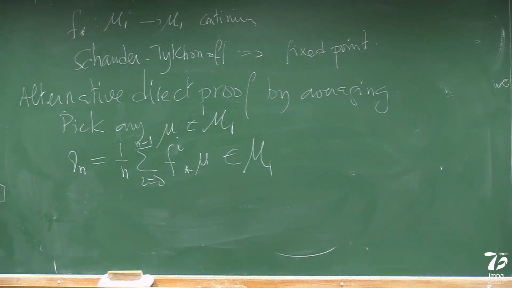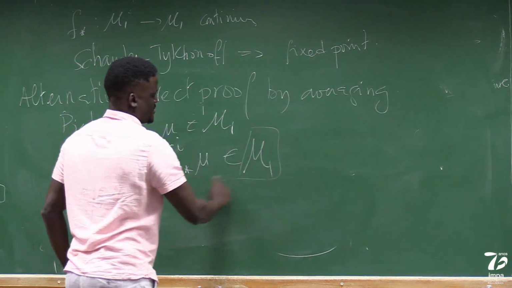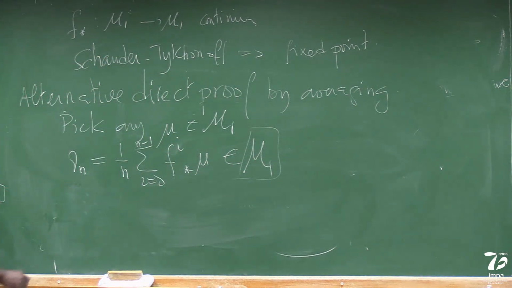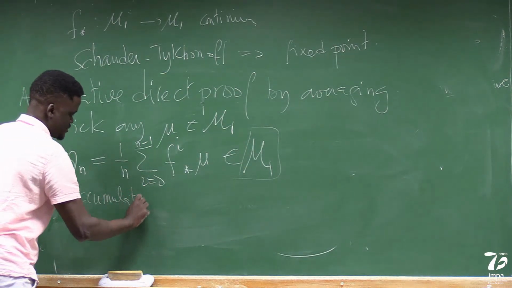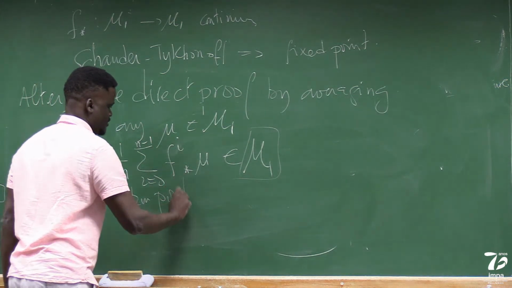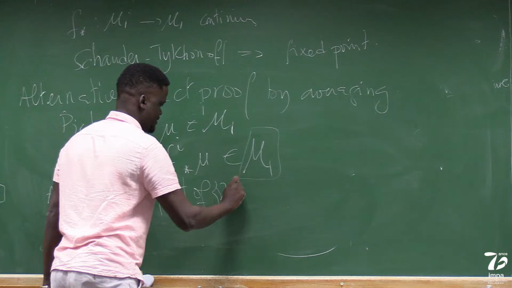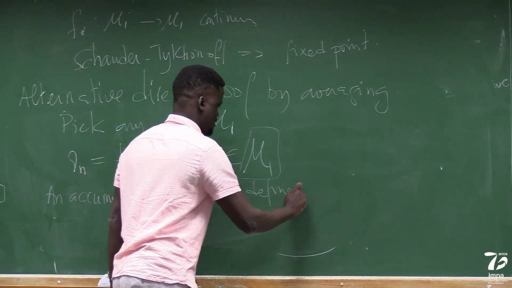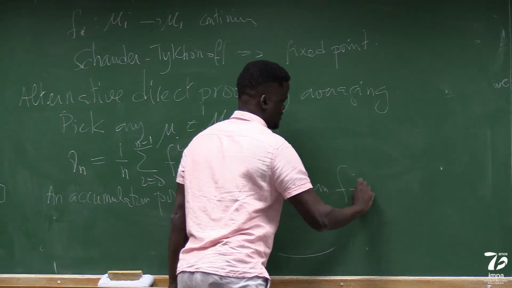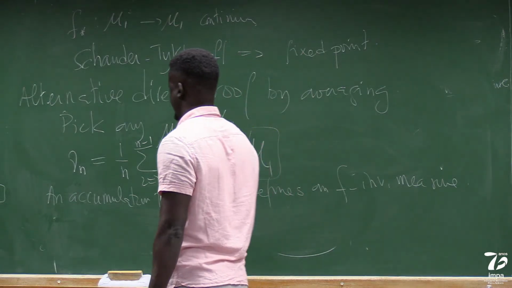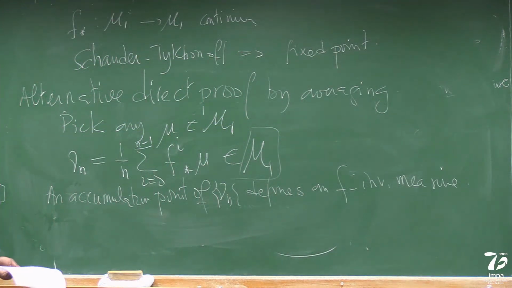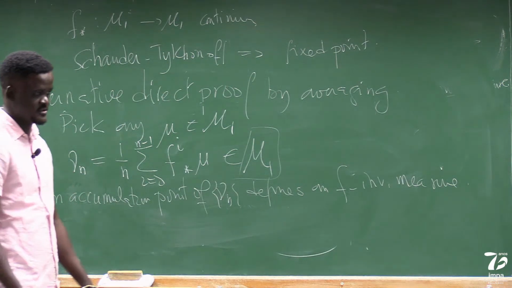Being compact, this will have an accumulation point, and an accumulation point of nu n defines an invariant measure. So this is a direct proof, just averaging.